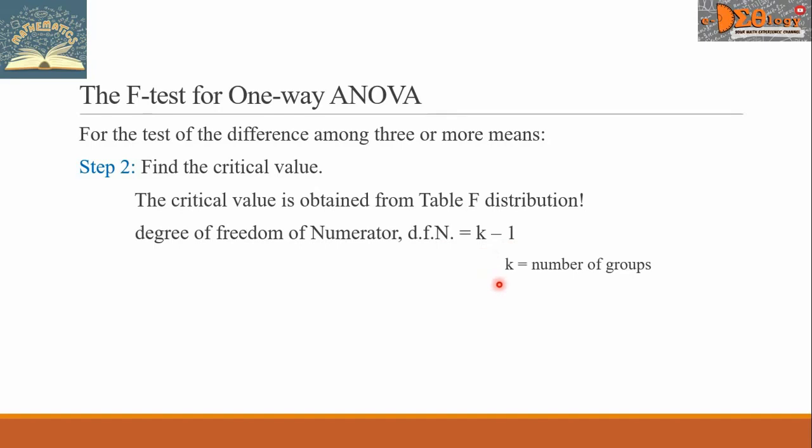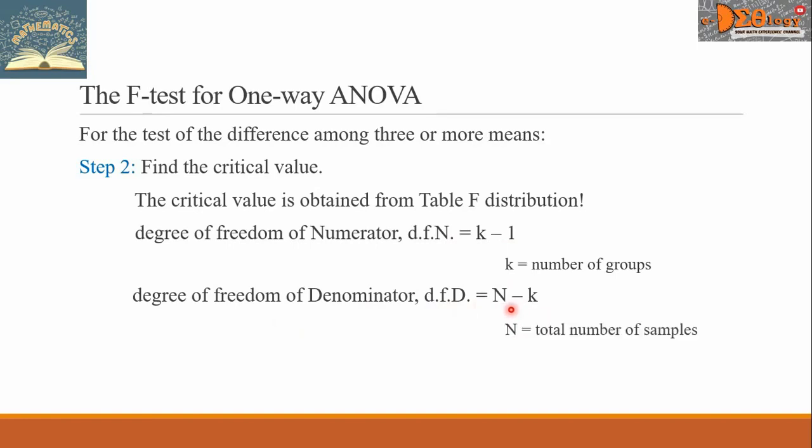This k is the number of groups. Another, the degrees of freedom of the denominator, is required, and this is denoted by dfd, and this is equal to capital N minus k. This capital N is the total number of samples.